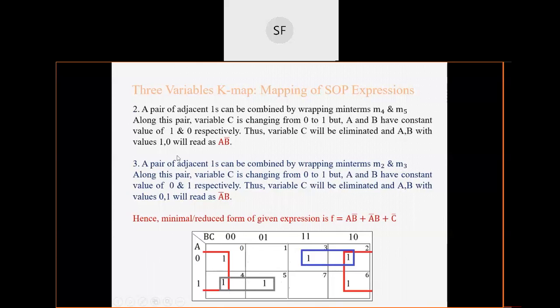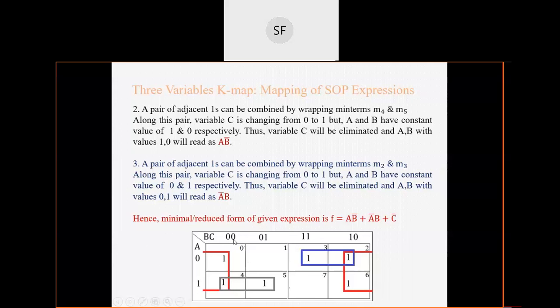A pair of adjacent ones can be combined by wrapping minterms M4 and M5. It is this gray shade or rectangle. We have combined these two cells, cell number 4 and 5, that is minterm 4 and 5. By observation you can say that the value of A is constant, it is 1, and the value of B is also constant, it is 0, but the value of C is varying.